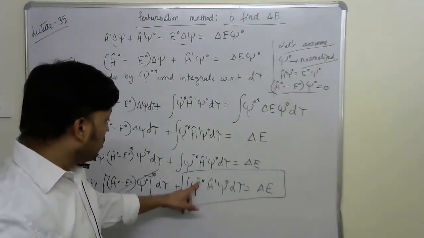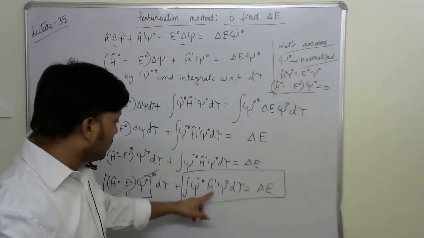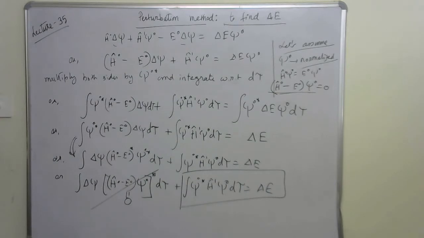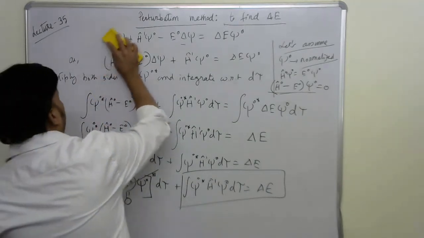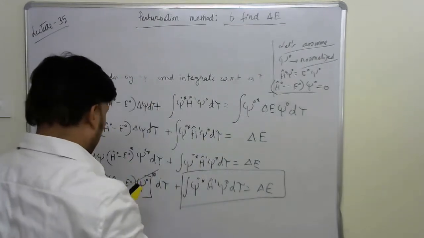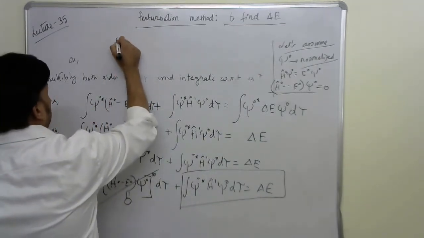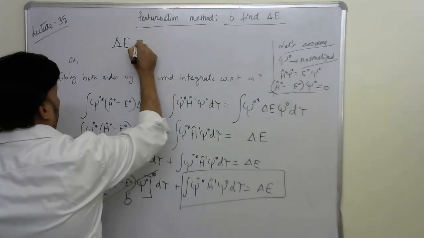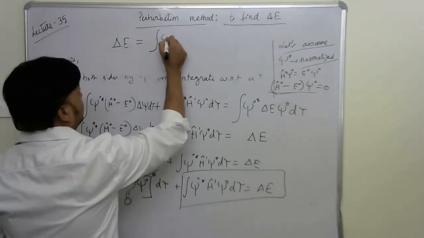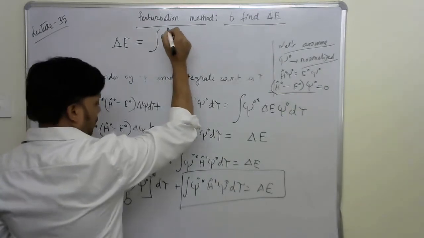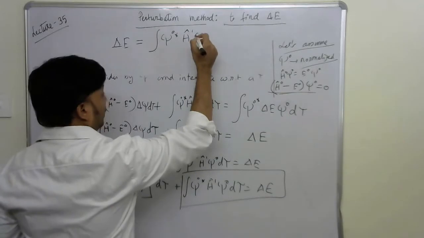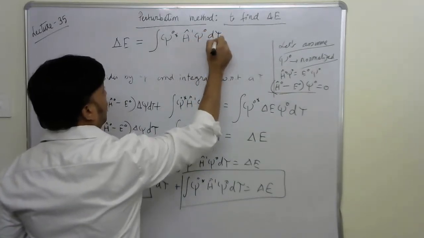Psi naught star H1 psi naught delta tau, whole integration, is equal to delta E. So we can simply write the outcome once again in a clearer fashion: the unknown energy perturbation delta E becomes the integration of psi naught star H1 psi naught delta tau.